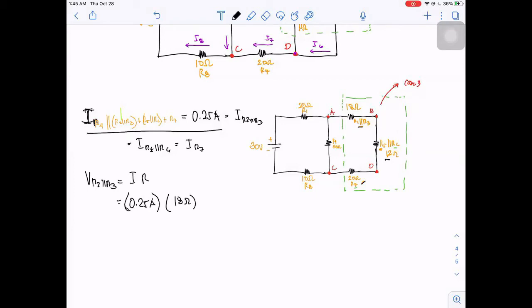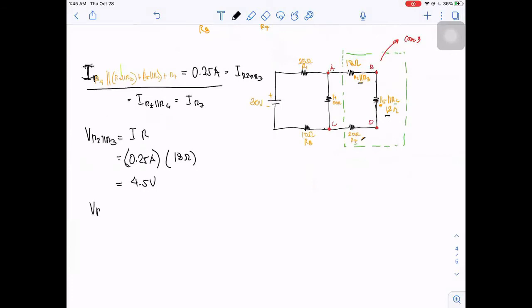By the way, later on, we will validate these values in a simulator so that we can check our computation based on the simulation. So I will present to you the simulation of this circuit so that we can validate our answers. So we have now, that is 4.5 volts. Okay.